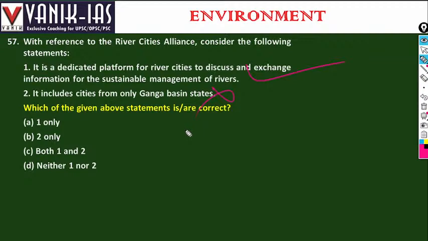It is started by the Ministry of Jal Shakti and Housing and Urban Affairs, to connect all the river cities. So specifically Ganga is wrong. There are around 109 river cities to be covered under the scheme. So option B is wrong. One only is the right answer.